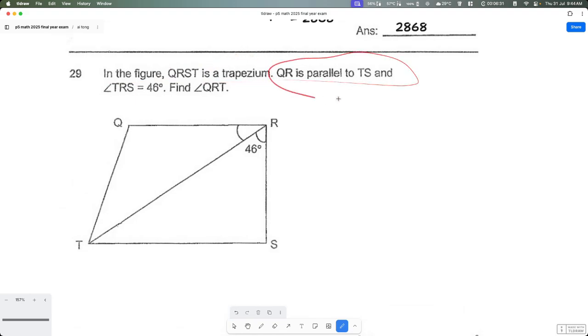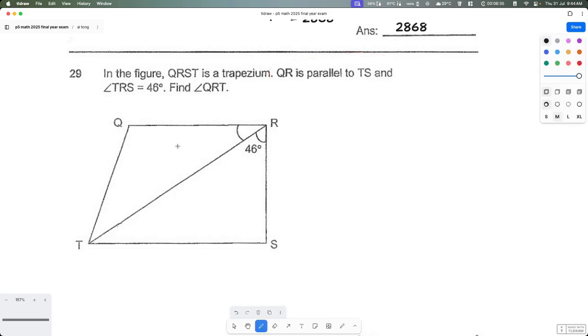QR is parallel to TS. So QR over here is parallel to TS. Okay. And then TRS is equal to 46 degrees. So find QRT. Okay.